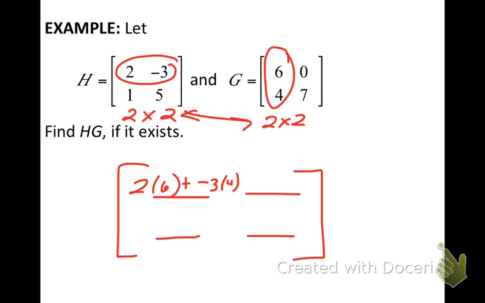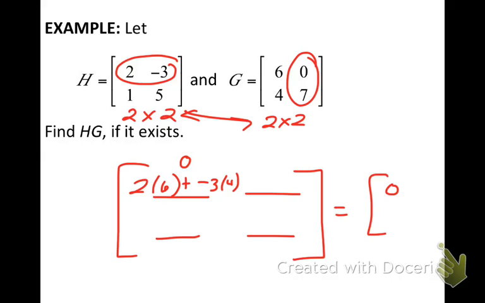Well, 2 times 6 is 12. -3 times 4 is -12. 12 plus a -12 ends up getting us a 0. So my actual matrix is just going to have a 0 there. So now to get row 1, column 2, I'm going to combine row 1 with column 2 over here to get this element.